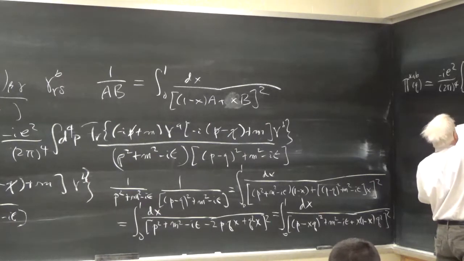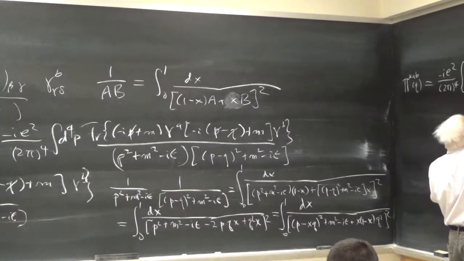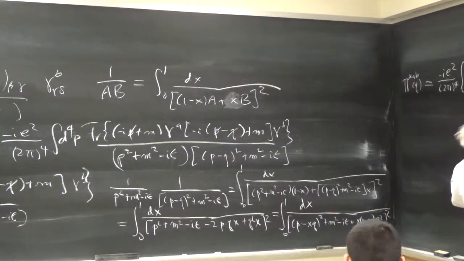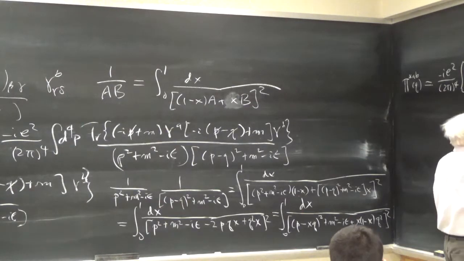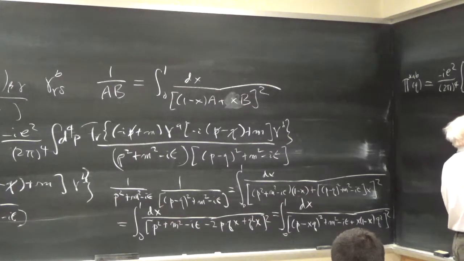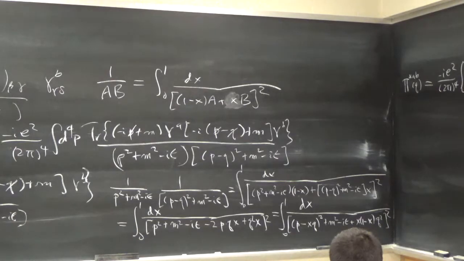Namely, it's the trace of minus i (p slash plus x q slash) plus m, gamma a, so let me just write some brackets here, and then minus i (p slash minus (1 minus x) q slash) plus m, gamma b.